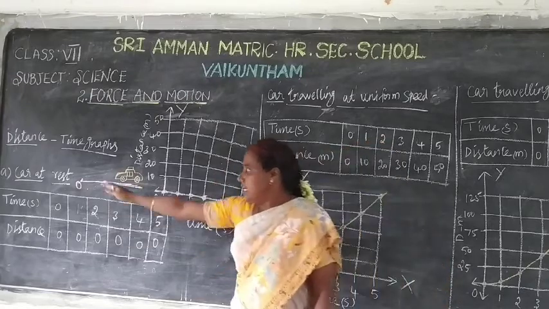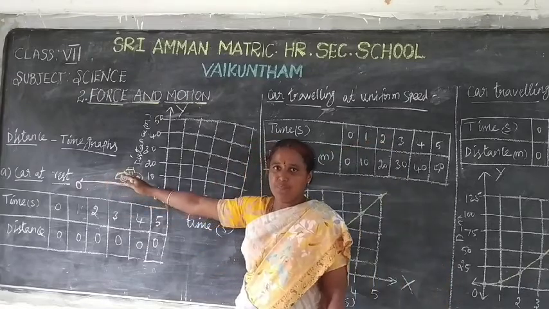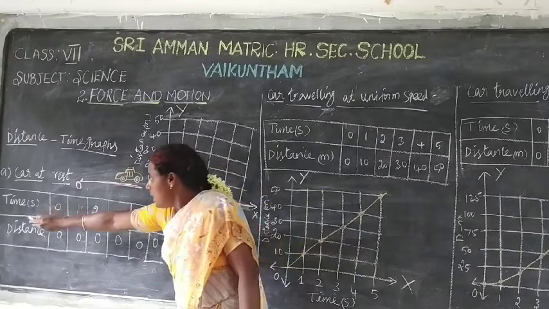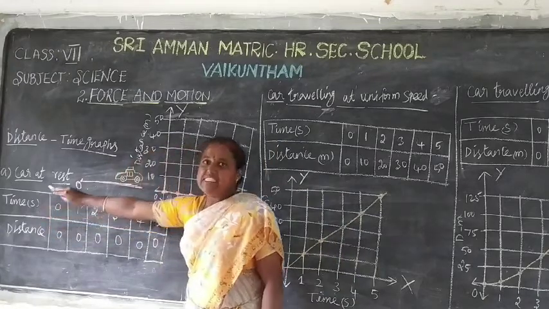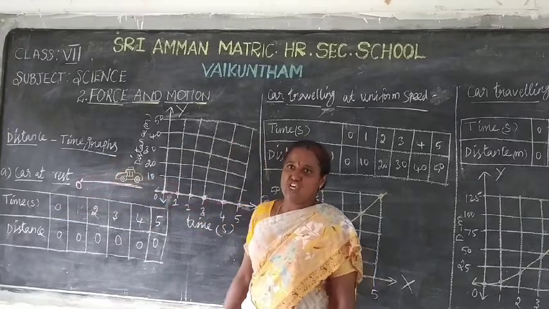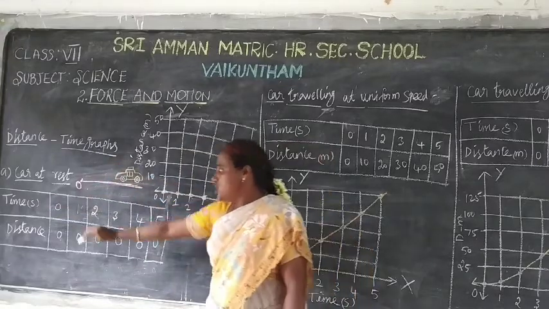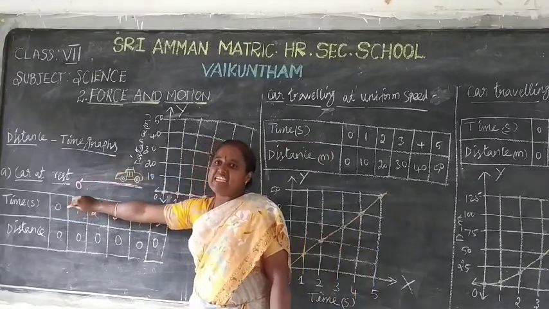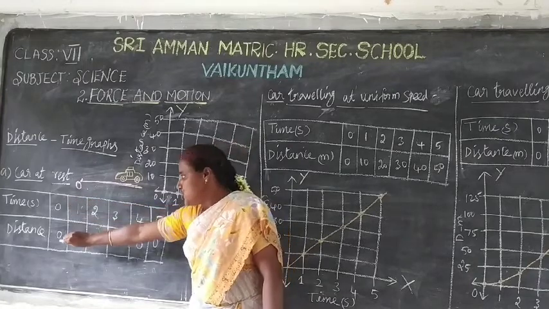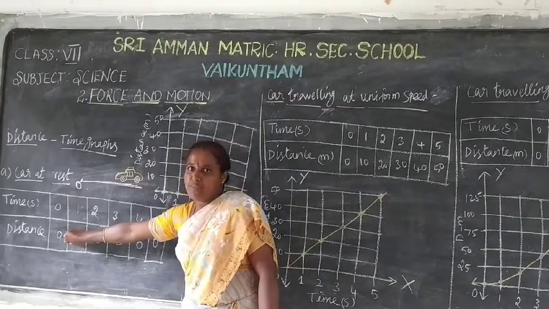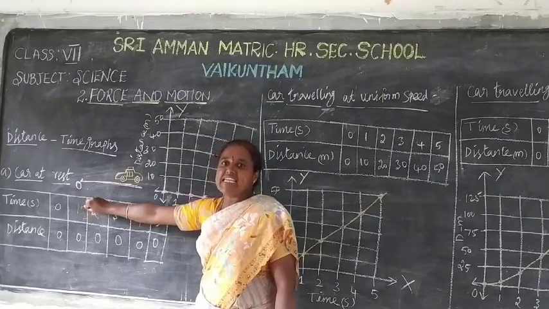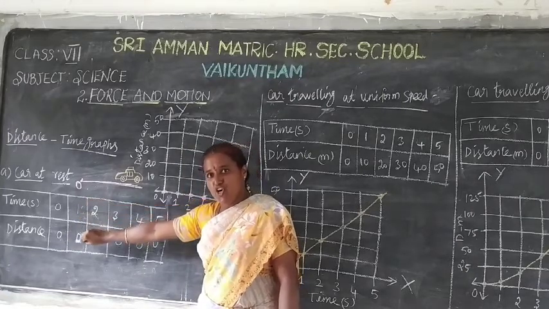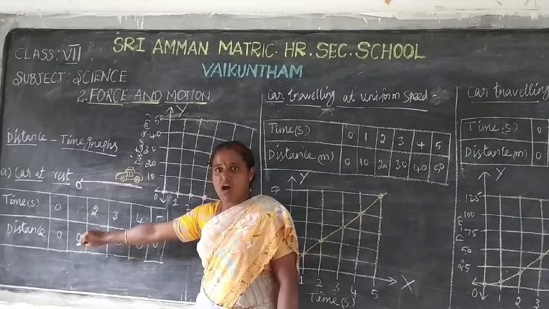First one is car at rest. Look here, time and distance are given. Since the car is at rest, when the time is 0, the distance travelled by the car is 0 meters. When the time is 1 second, the distance travelled is 0 meters and so on.